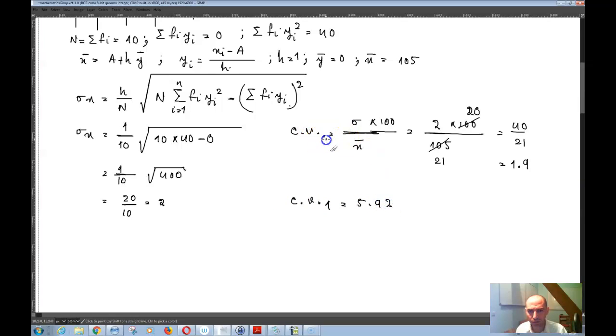The coefficient of variation 2 is 1.9. CV 2 is equal to 1.9. And that means that then you can say that the share Y was more stable.